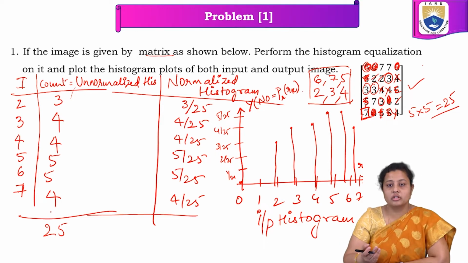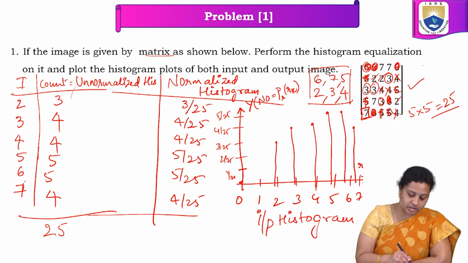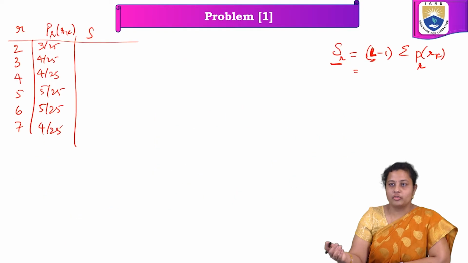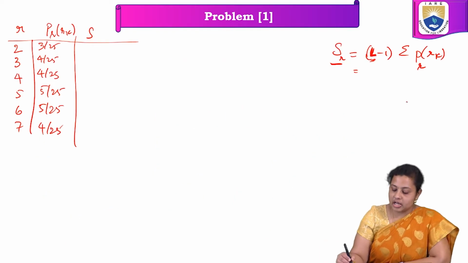How many bits do we require to represent the intensity value? 7 needs 3 bits, so we assume this image is a 3-bit image. When it is a 3-bit image, L is equal to 2 to the power 3, which is 8. So we say 8 minus 1.